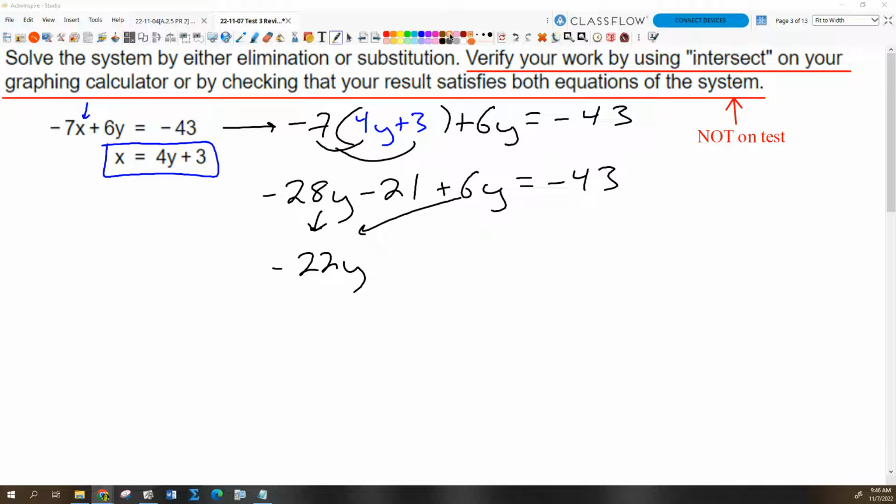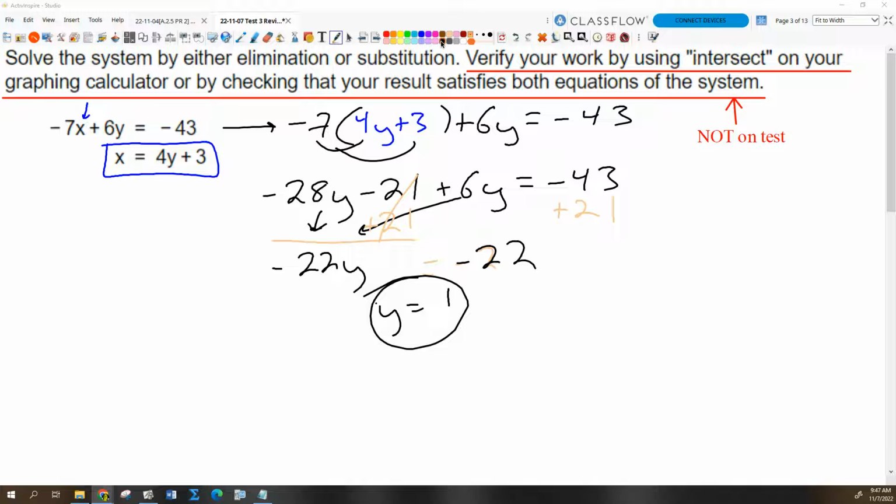If I add 21 to both sides, so I can cancel those, on the other side, -43 plus 21 is -22. So doesn't y just equal 1? If I divide both sides by -22, or just ask yourself, -22 times what is -22? 1.